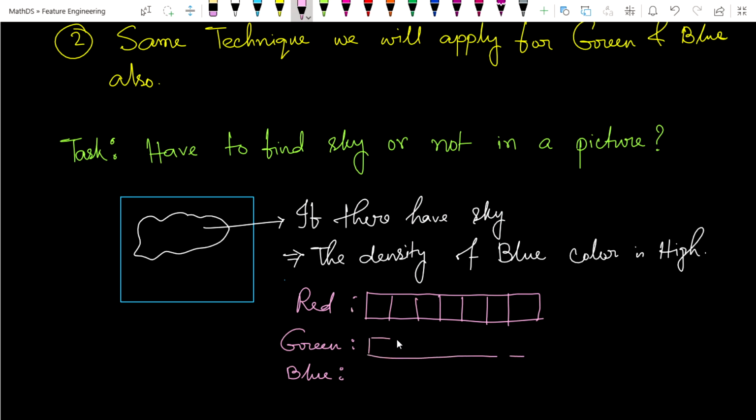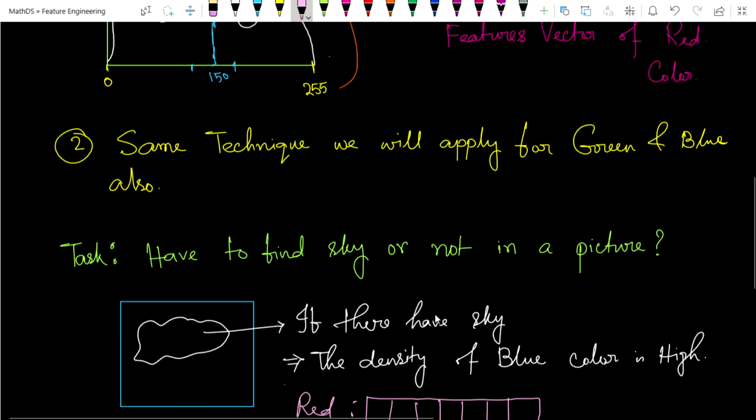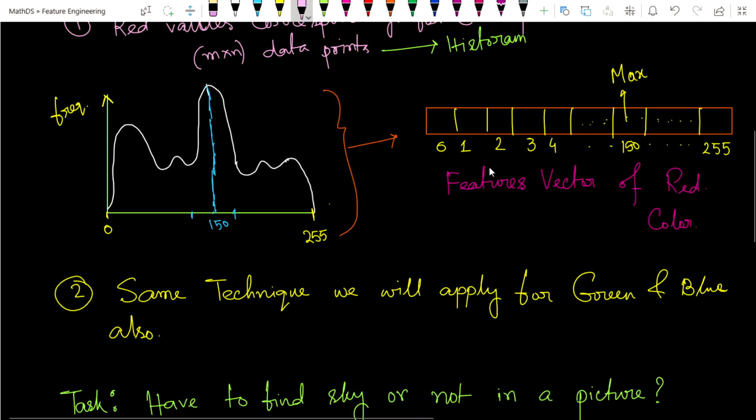We have already counted, and the feature vector itself gives us how much density it has. Just see it, these feature vectors give us the density values.